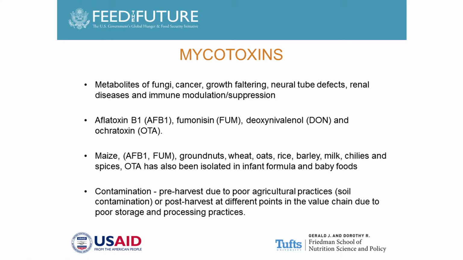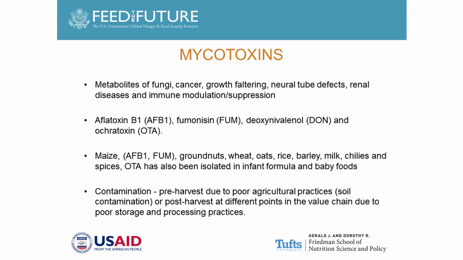So this is really hard to read. I know our projector is pretty bad, but it shows you different types of foods that can be contaminated with mycotoxins, and what I want to focus on here is that there's a lot of foods, for example, maize, which is talked about a lot, which can be contaminated with so many different mycotoxins. If you can read, maize is the third food from the left on the second row.